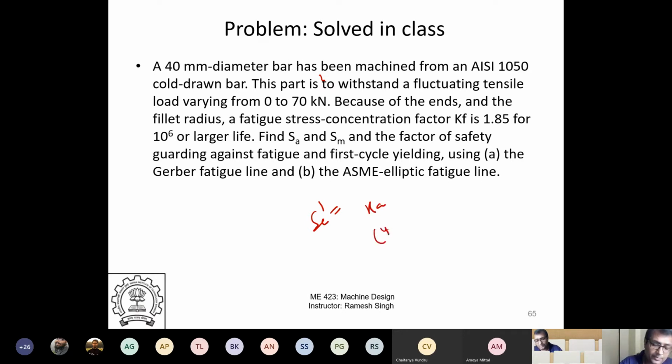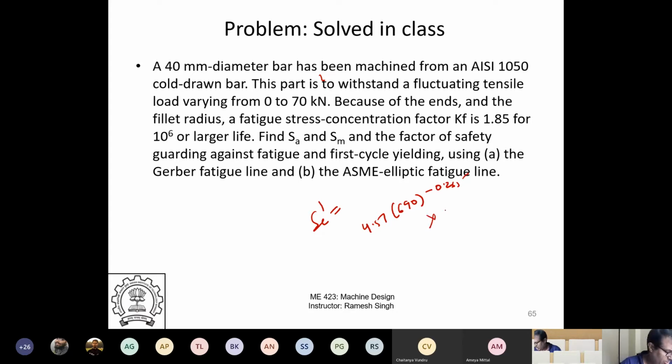I'll just go ahead and read it out for you: it was 4.51, and then SUT is 690. So 4.51 times 690 to the power minus 0.265.